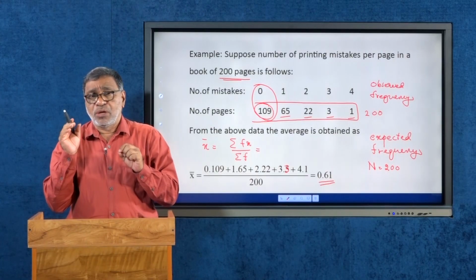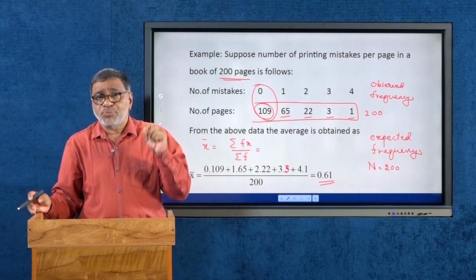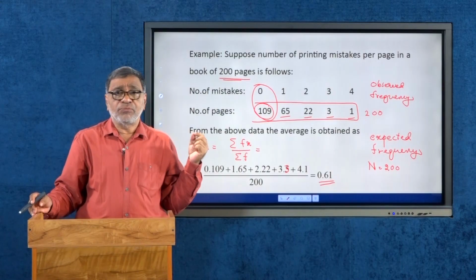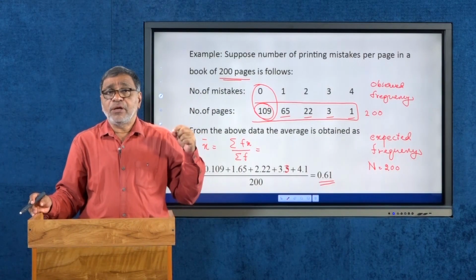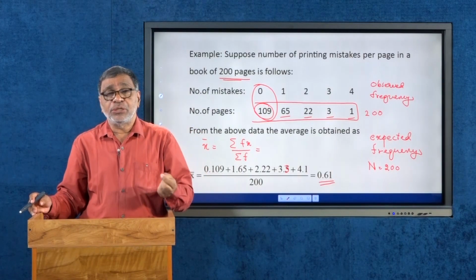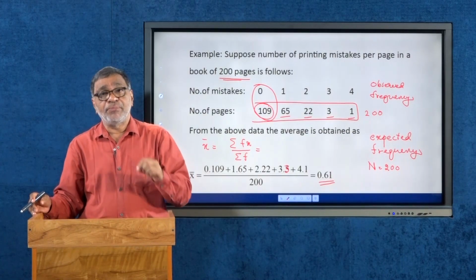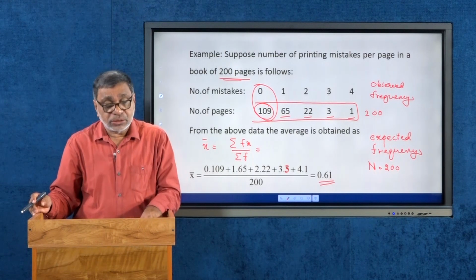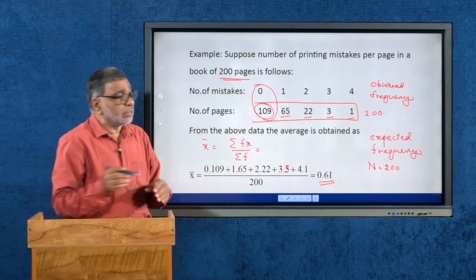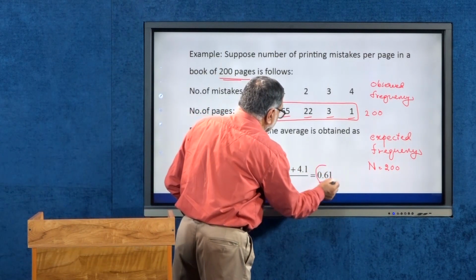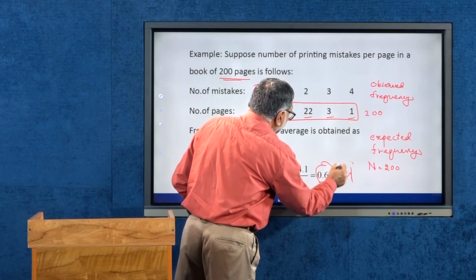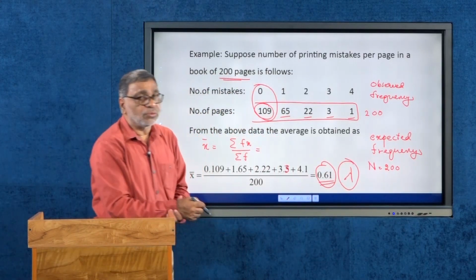Now, you identify that this x bar is the average of this frequency distribution, and if we are applying the Poisson distribution, the mean is approximated by the sample mean. That is, you can take the value of lambda as 0.61.